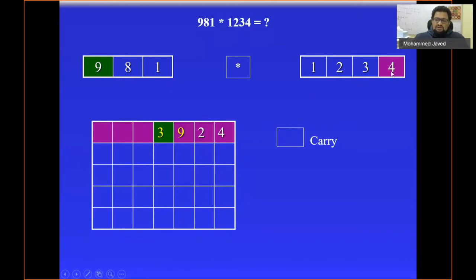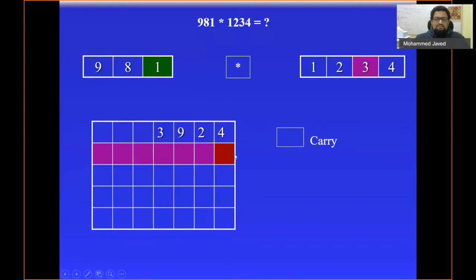When the pointer moves one to the left, we should also block one location here. This is the convenience we use in our high school method. This position is blocked because we have moved the pointer. Now see the simple multiplication from 3 into 9 8 1.